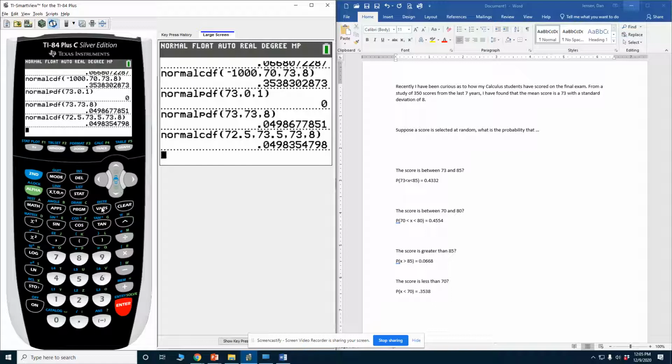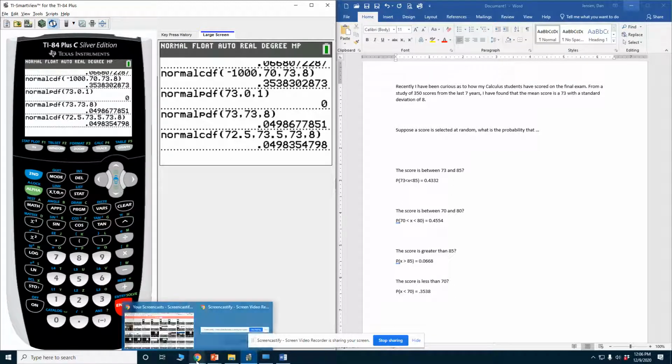What the calculator is doing, when you say what's the probability of getting 73, is actually finding the range from 72.5 to 73.5. If I want that range, I'm just going to use normal CDF, and I wouldn't bother to use the PDF. So it's a bit of a misnomer there. So anyway, there's a little look into using the graphing calculator to calculate normal probabilities.